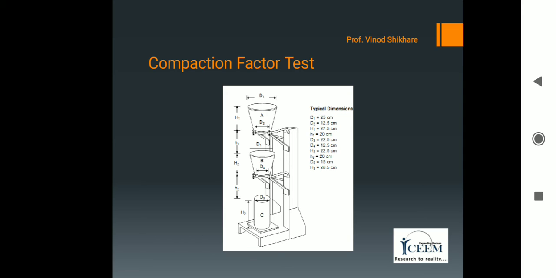Moreover, the compacted concrete sample being blind as it is closed in a metallic cylinder, one cannot observe whether the compacted concrete is free of segregation or not. Also, the compacting effort used in this method is such that for a harsh mix, the degree of compaction achieved in this test is always less than the actual degree of compaction which could be achieved at site by using conventional compaction methods.